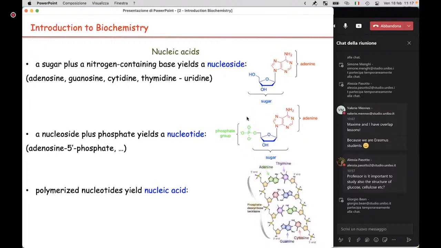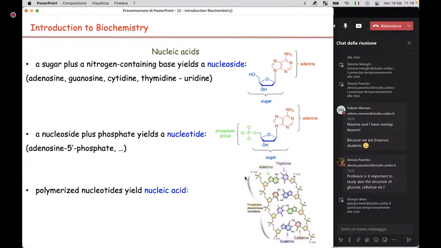And in this case, we have the nucleotide. So nucleoside, nucleotide. The nucleotide is the basic building block of DNA. And when we connect a lot of nucleotides together, we obtain a long chain of DNA. If this sugar is ribose instead of the deoxyribose, we obtain chains of RNA.